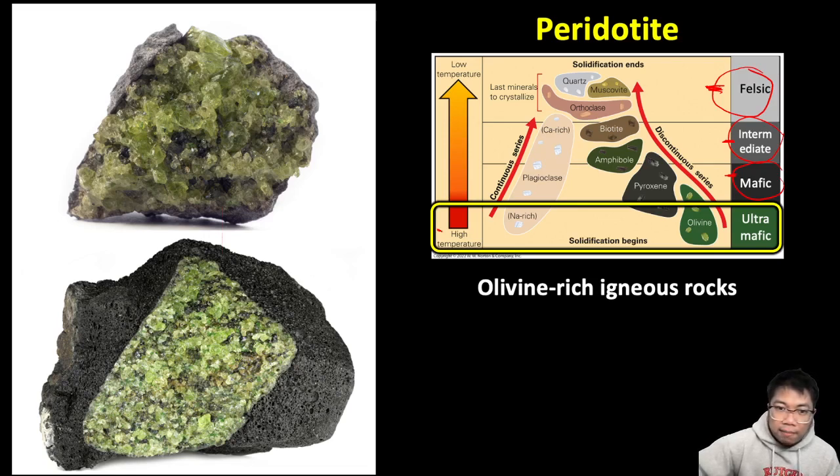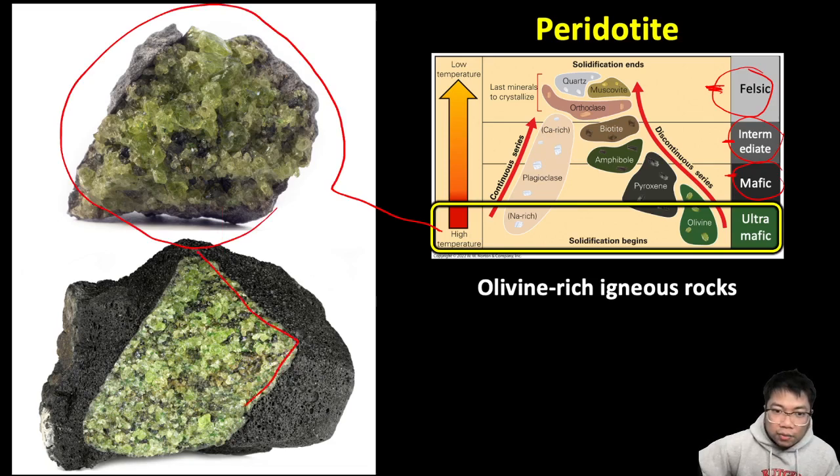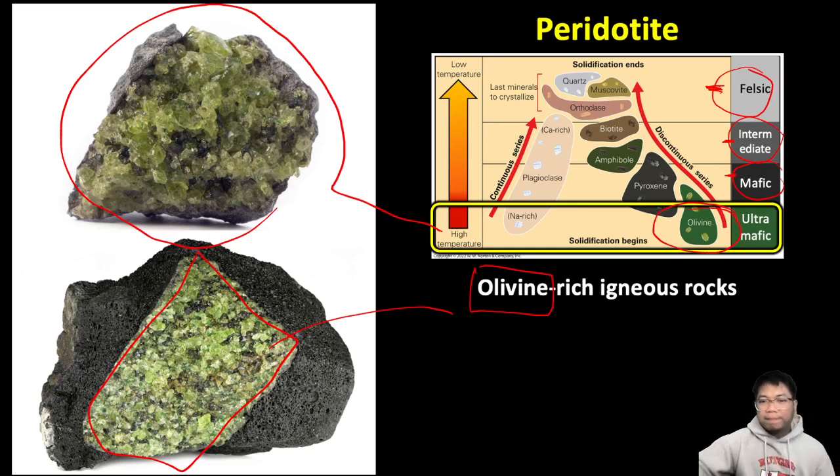Ultramafic represents the rock within the mantle, and it looks something like this. This is what we call peridotite, a very special rock that is very rich in olivine, and that is the reason it has that color. Those are the different types of igneous rocks that we know, and how we classify them.